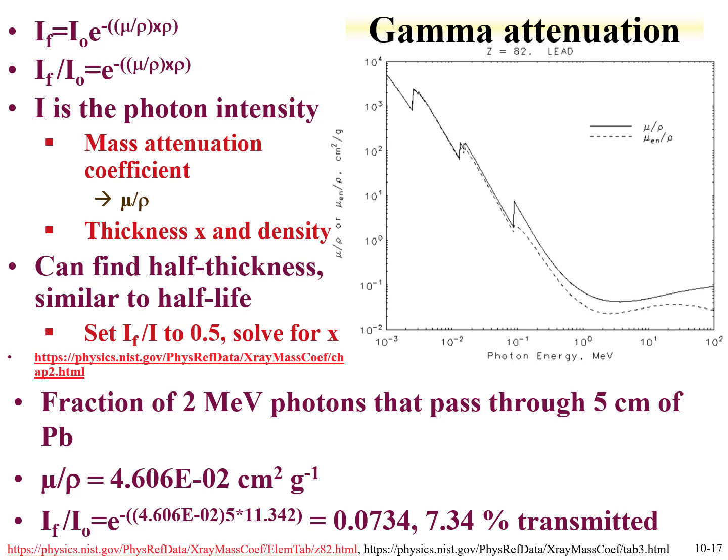The value is shown here. One plugs this into the equation, where the amount that passes through, the final intensity over the initial intensity, is equal to e to the minus the mass attenuation coefficient times 5 centimeters of lead times the density of lead, and it equals about 7.3% of the photons passing through that lead.